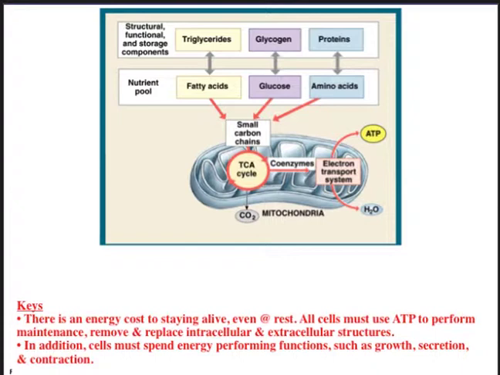So there's always an energy cost as long as you're living. You are depleting your energy reserves. And as a result, we always need a constant influx of new chemical potential energy.